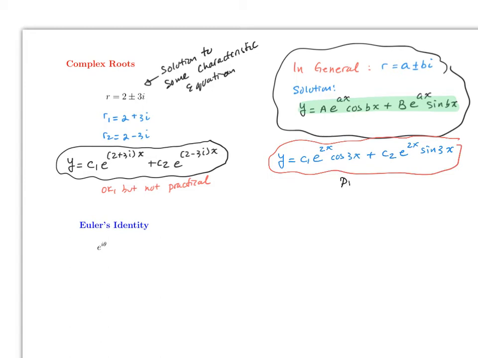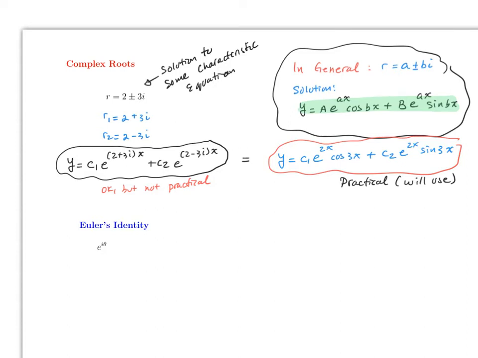This is more practical, and this is the one that we will use from now on until the class is over. So this is technically equal to the previous one, but this is the one we should use all the time. Anytime you see complex solutions to the characteristic equation, you automatically just use this formula, and that's it.